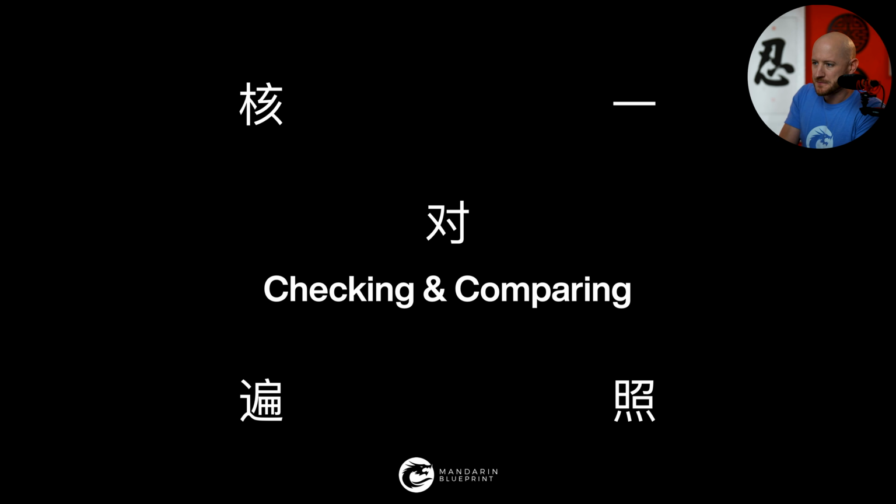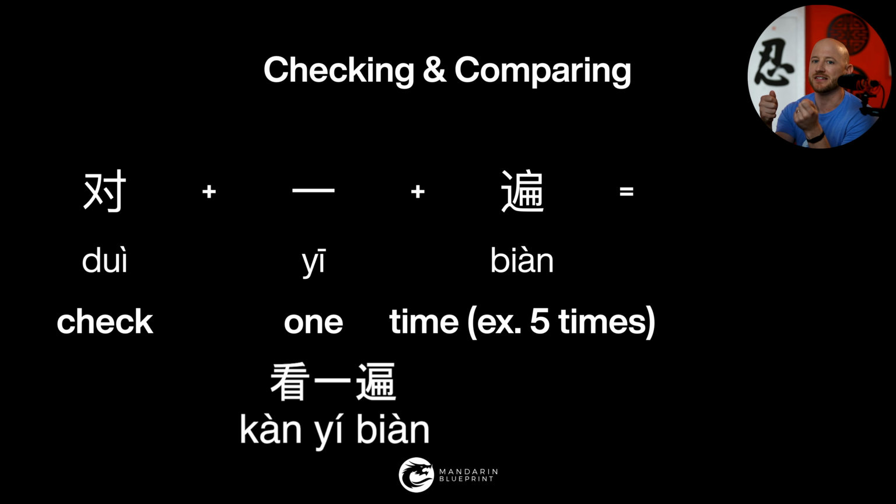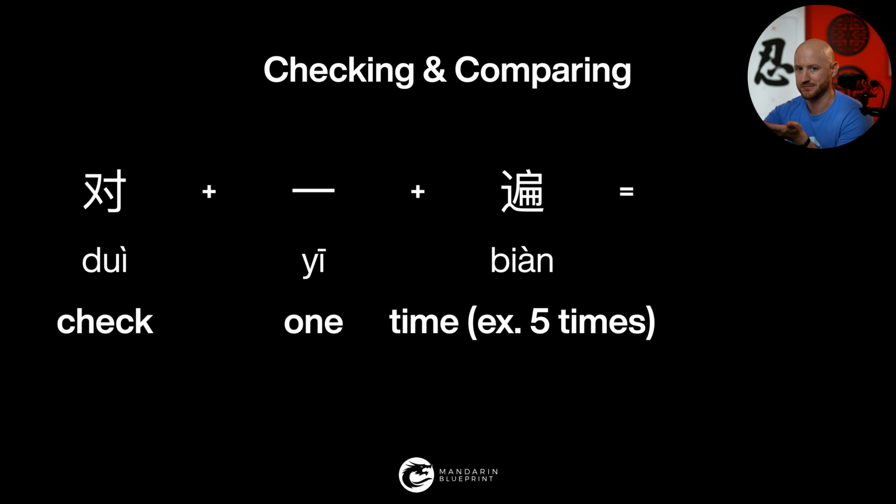Now, how about this? 对一遍, check one time, and 遍 is like time as in I saw it 5 times. And also 遍 doesn't just mean a time, it means a time fully, right? 次 is also a word that means times, like I saw her 2 times, right? But when you say 遍, it's like if you read a book and you say 看一遍, it means you read the entire thing, right?